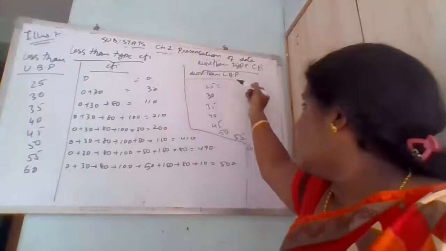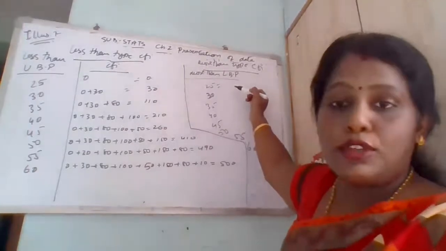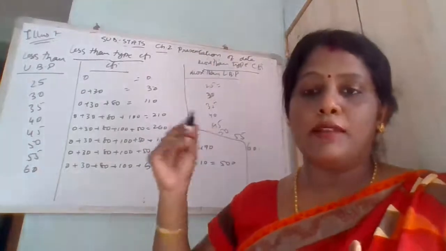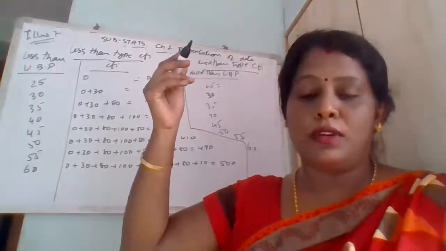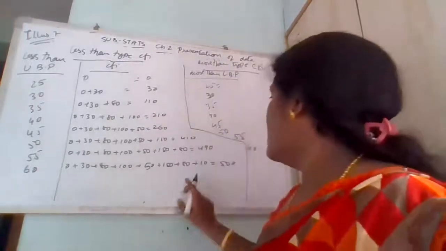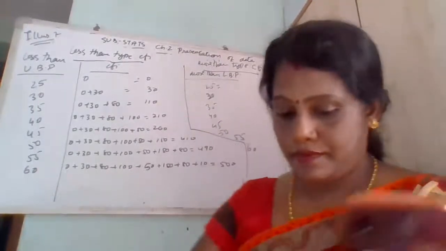The thing is, here comes the total. I told you in less than type the first is 0 and the last is the total, and in more than type the first number will be your total and the last number will be 0. Right? So here these numbers will be coming. I will show you.